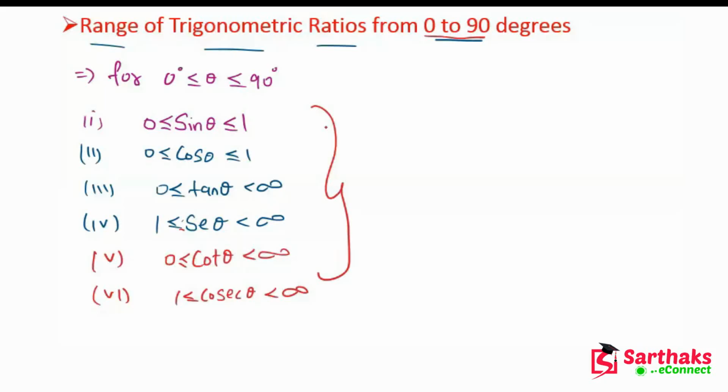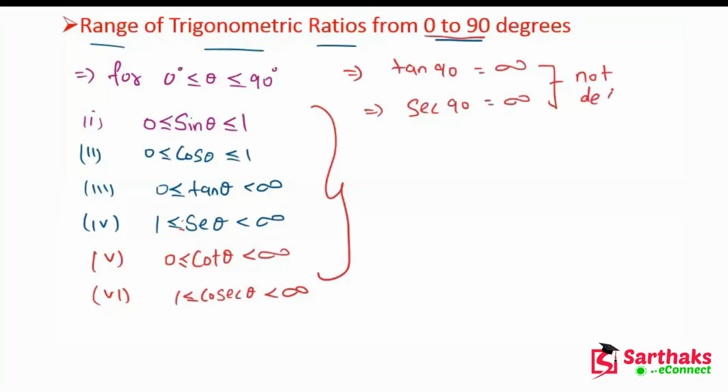Cot theta and cosec theta are not defined at 0 degree. If we want to know the value of tan 90, it is infinity, so it is not defined at 90 degree. The same is true for sec 90. So the value of tan theta and sec theta at 90 degree is not defined.